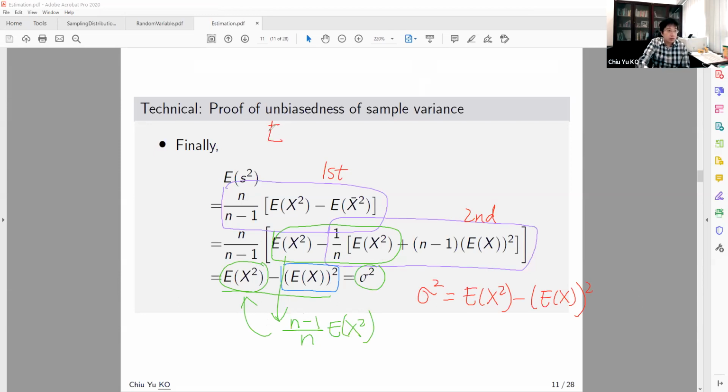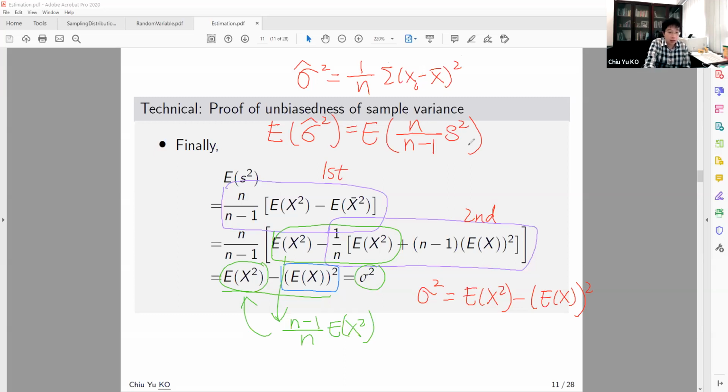In other words, if you have sigma hat squared as 1 over n of this, this is equal to n over n minus 1 S squared. Sorry, it will be n minus 1 over n S squared.